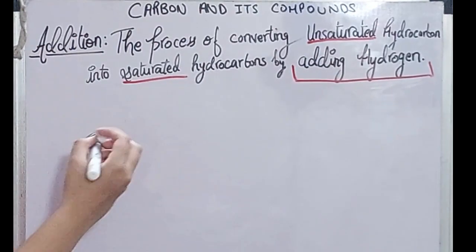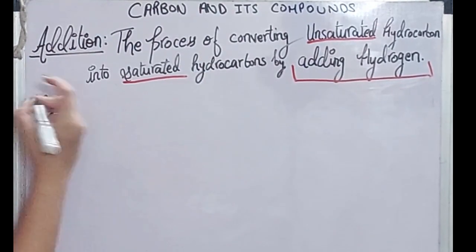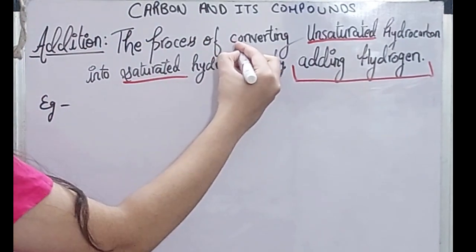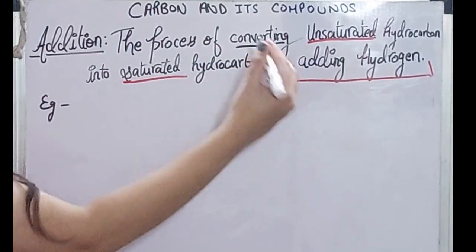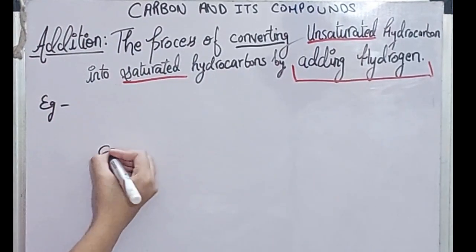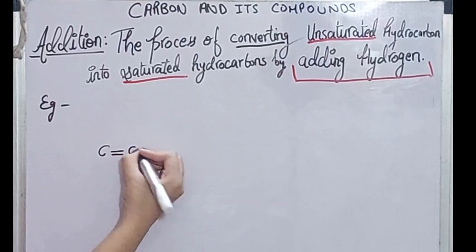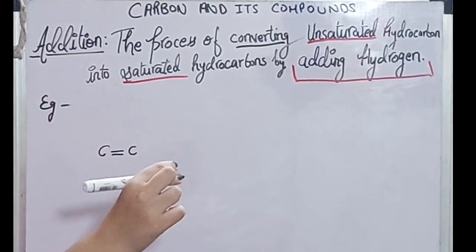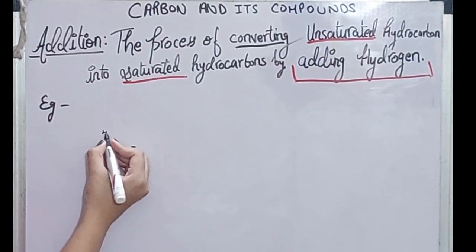तो पहले एक एग्जांपल लेते हैं. The process of converting unsaturated hydrocarbon. Let's take an unsaturated hydrocarbon, ethene. Let's take that. So, double bond carbon, ethene and hydrogen.